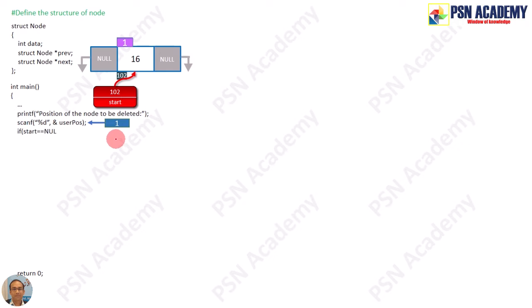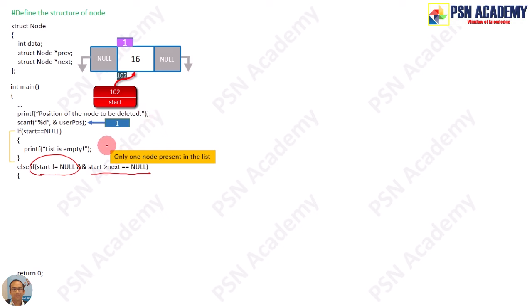Now this is a check that if start is null, then we should know that the list is empty. And if start is not null, but start next is null, which is the case here, then we should know that there is only one node present in the list.